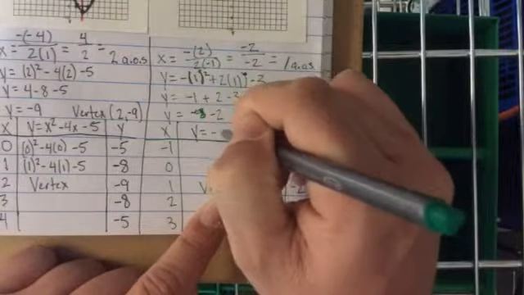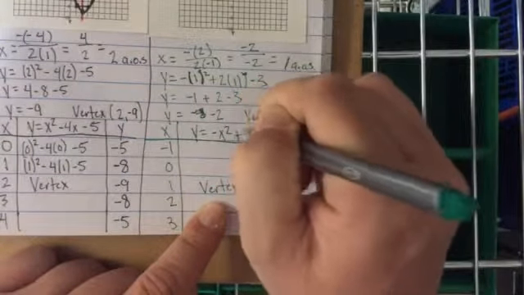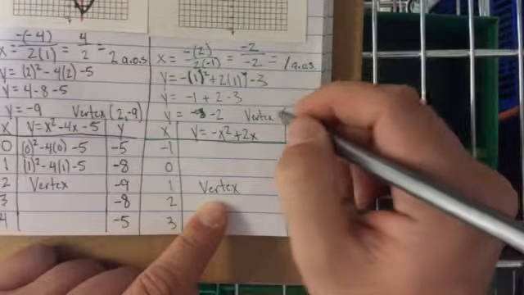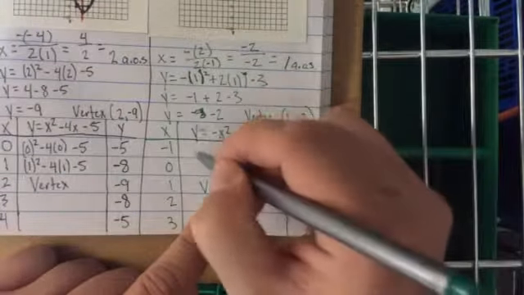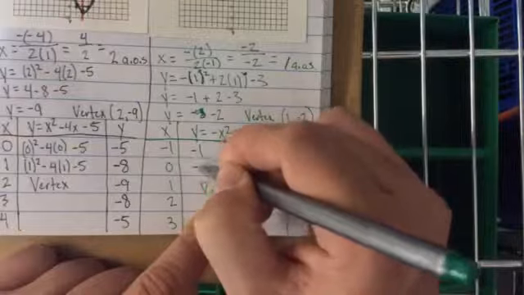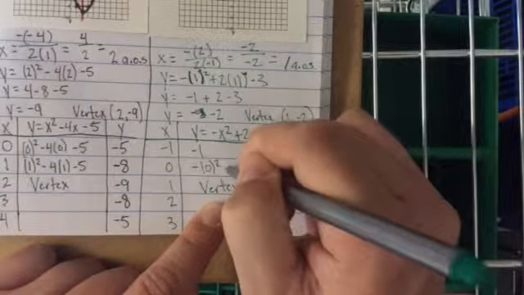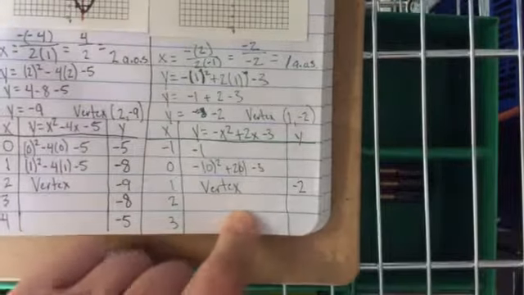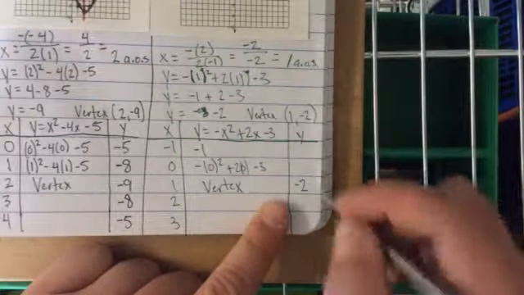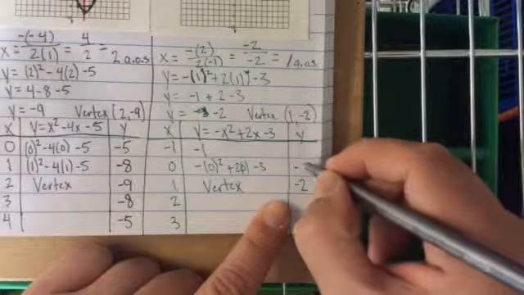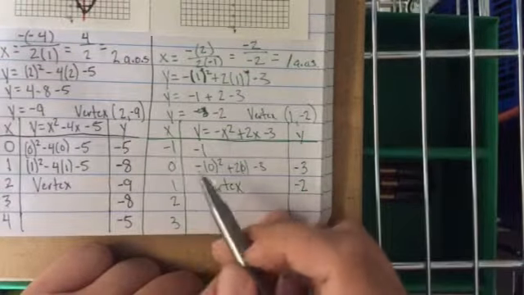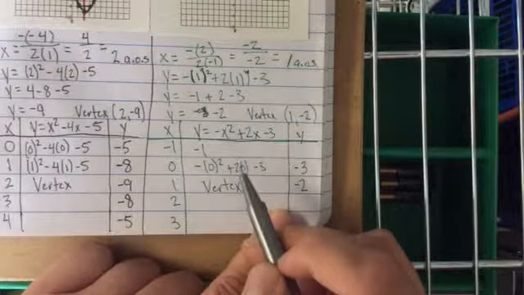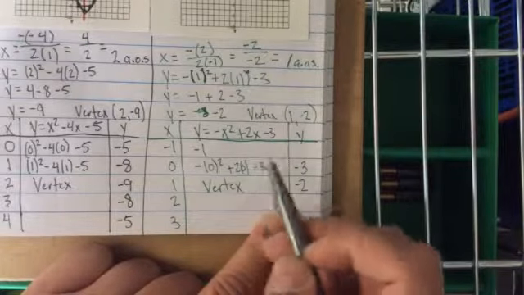That was y equals negative x squared plus 2x minus 3. So we're going to have the negative of 0 squared plus 2 times 0 minus 3. So if our x value is 0, what is our y? 0 squared is 0 plus 2 times 0, which is 0, minus 3.